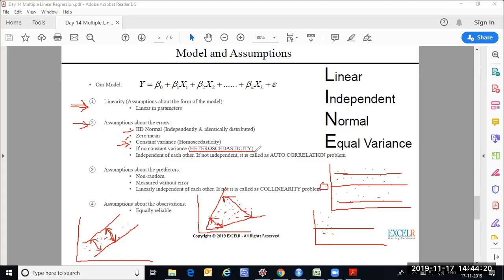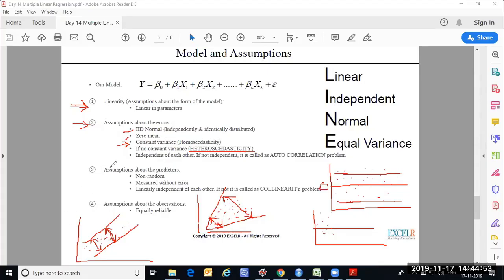If you observe that the errors are following heteroscedasticity, how do you solve that problem? Transformation. Transformation is a technique that you need to use to remove this heteroscedasticity problem. Thereby you make sure the errors follow homoscedasticity behavior. Am I clear?